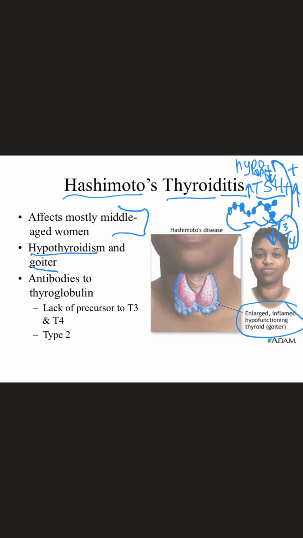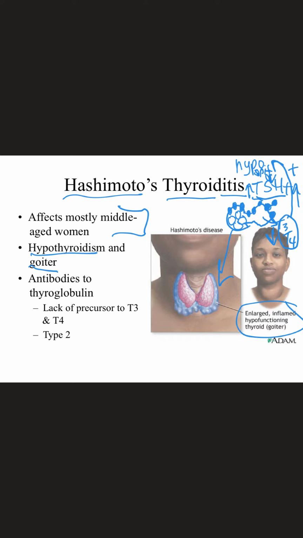Those receptors are part of the cell membrane. So if we need more receptors to bind this increased level of TSH, those cells are going to reproduce, they're going to keep dividing, and they're going to make copies of themselves to increase the numbers of receptors available. That means more cells, and that means a bigger thyroid, a hypertrophic thyroid.